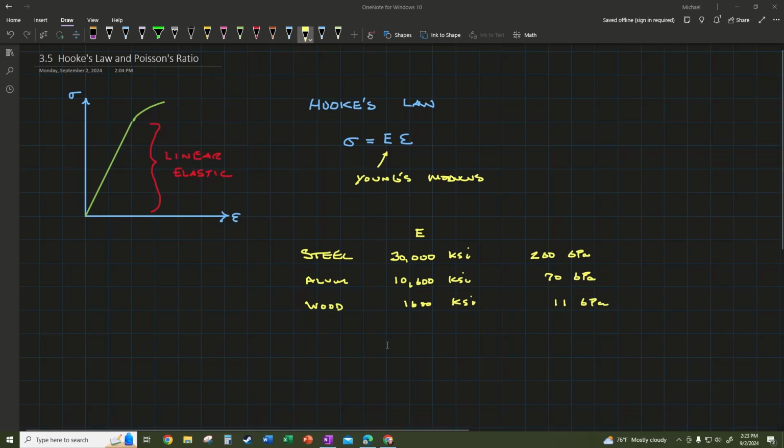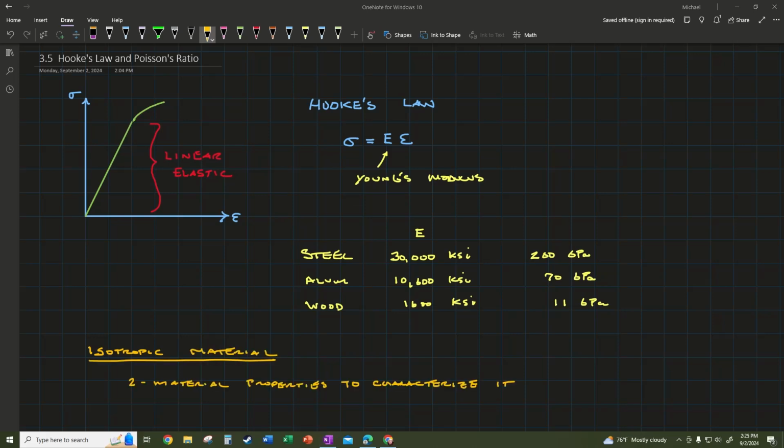We can often characterize steel, even though it's made up of a crystalline structure, different types of crystalline structures depending on the steel. But on a larger scale, we can model it as though it's a homogeneous material, and model it as an isotropic material, which means it has the same properties in all directions.